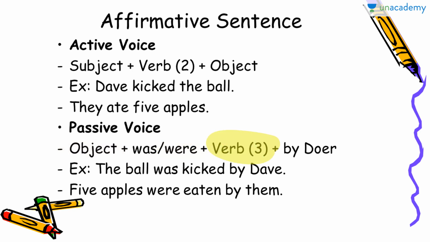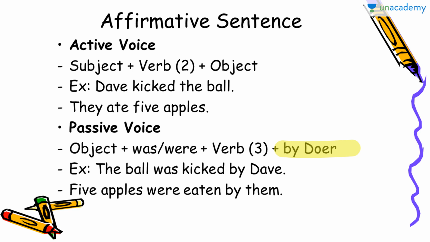Then the third form of verb, which is the past participle form of verb, will be used. After that, we will put the name of the doer using by. So by plus the name of the person or pronoun used for that person who has done that particular action, or if you have any particular name of the group, you can mention it at the end of the sentence.